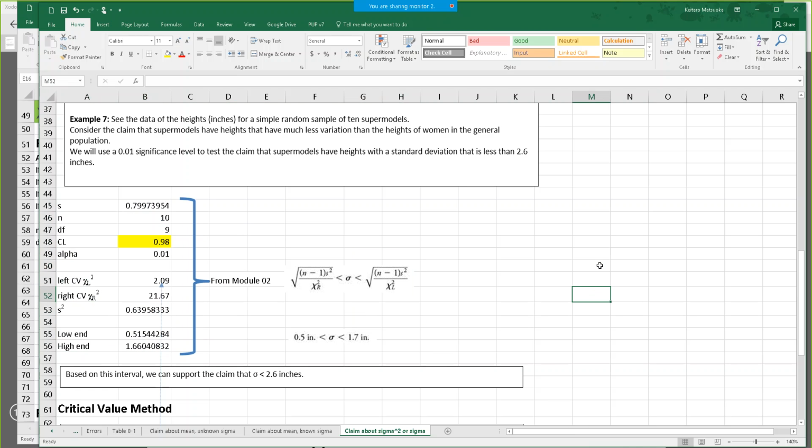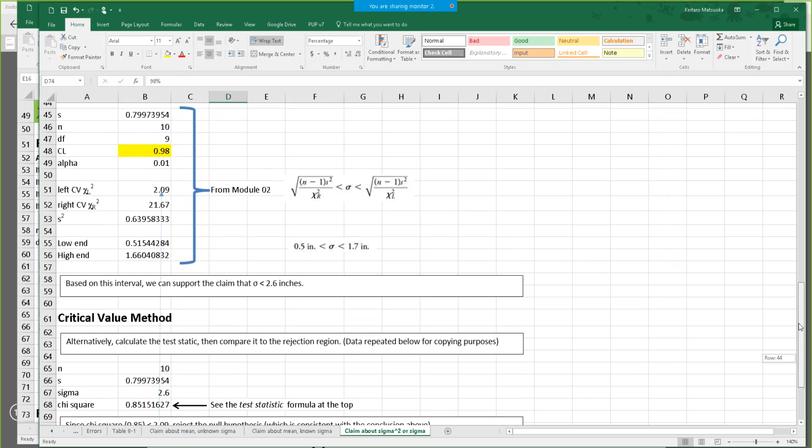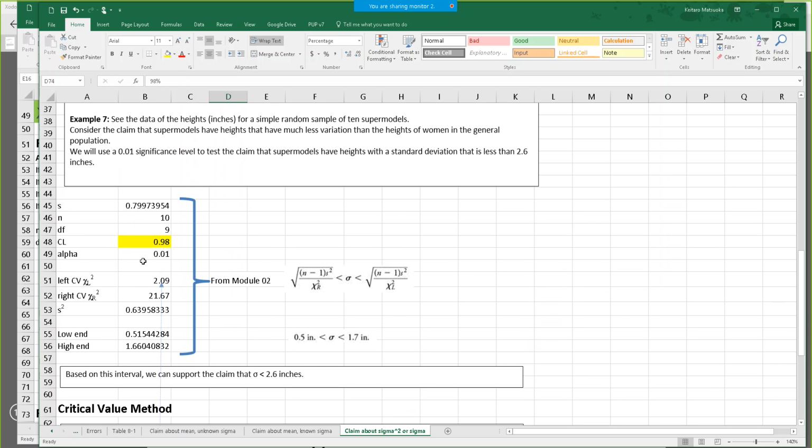Okay. So again, the key thing is to use a correct confidence level. We're doing the one tail, and this alpha is 0.01. So according to table 8-1, here and then here, the confidence level should be 98%. That's what's entered here.